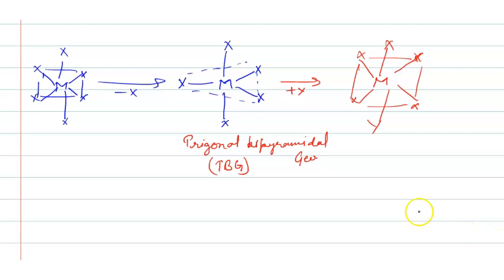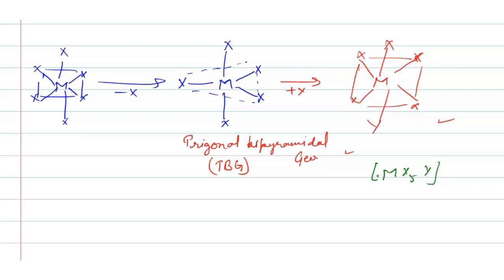Here in the second type of MX bond, the bond angles adjust to produce trigonal bipyramidal, which is then attacked by Y to form the complex MX5Y.